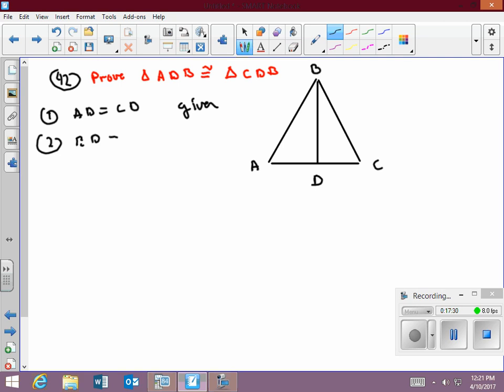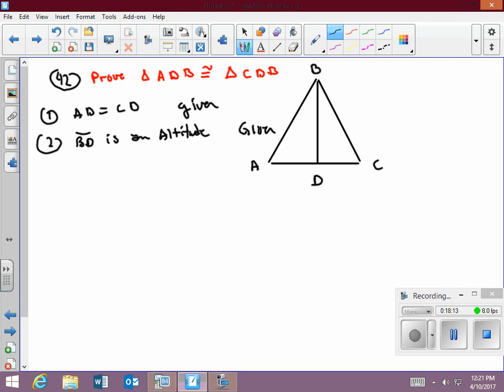I got it. BD is an altitude. And that's a given. And then proving that ADB and CDB are congruent.